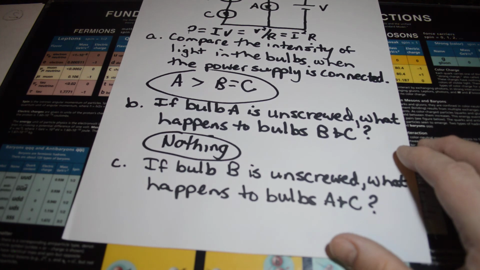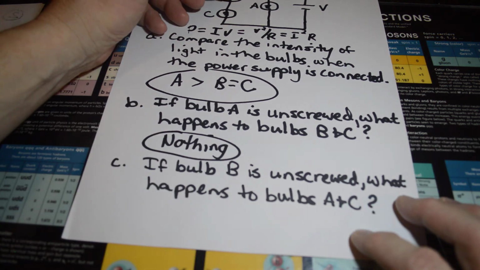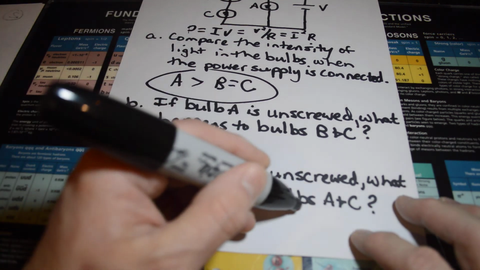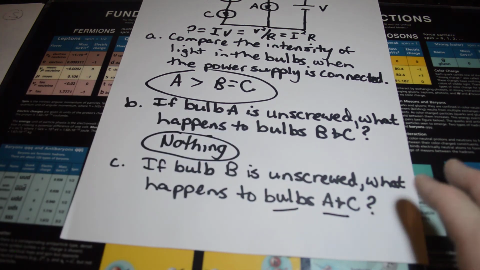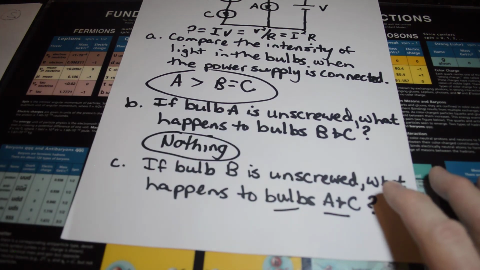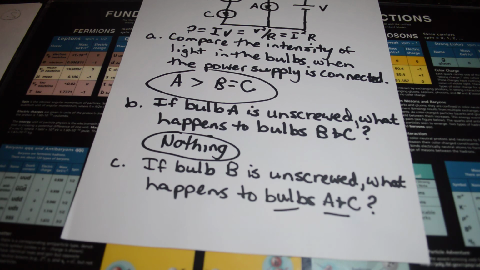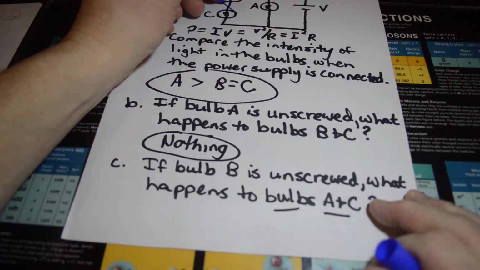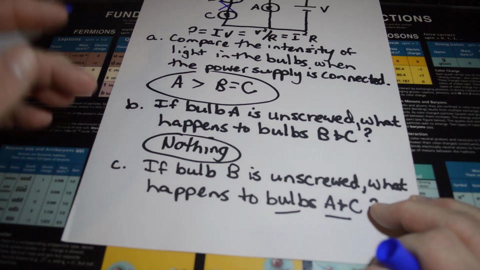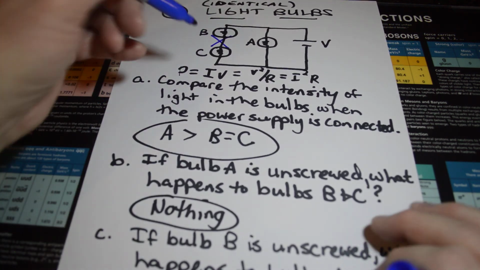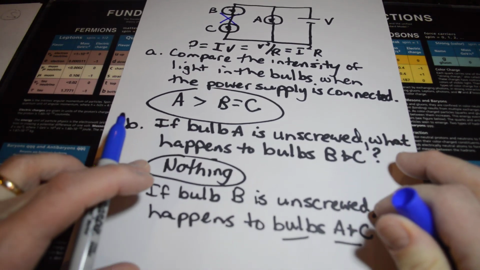And then the last one says, how about if you unscrewed light bulb B, what would happen to bulbs A and C in terms of intensity? Well, since B and C are in series, I think if you take out B, that would also take out that part of the circuit over there. So C is no longer lit.